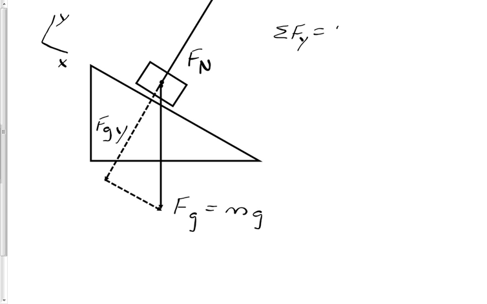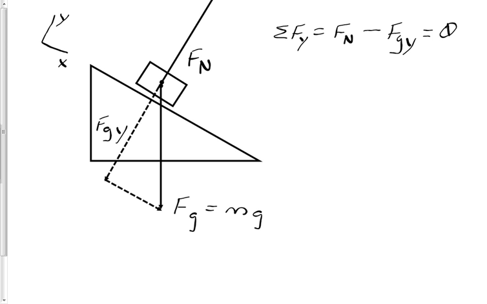So the normal force minus the force of gravity in the y direction, because the force of gravity in the y direction would be acting in a negative direction relative to the normal force, and those two added together give us a net force of 0.